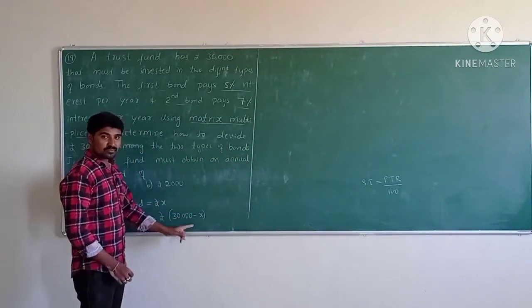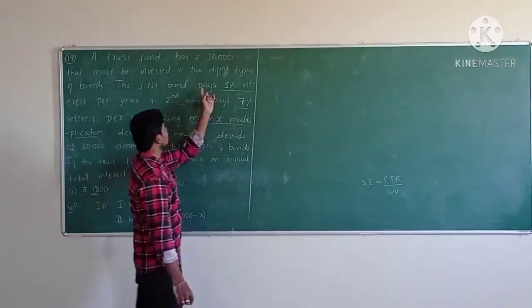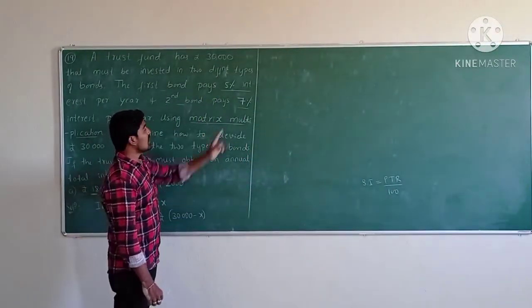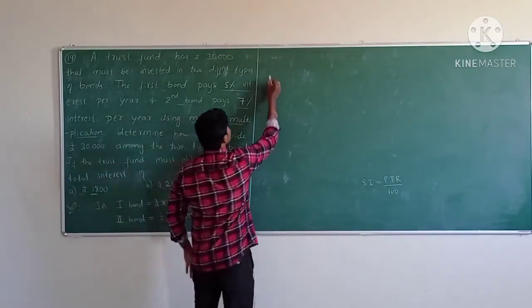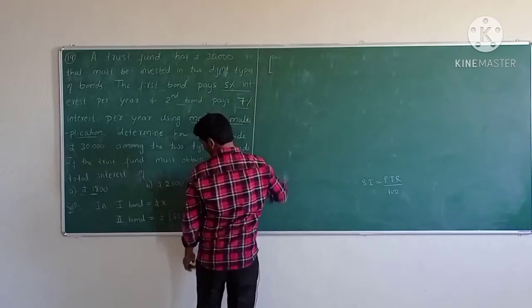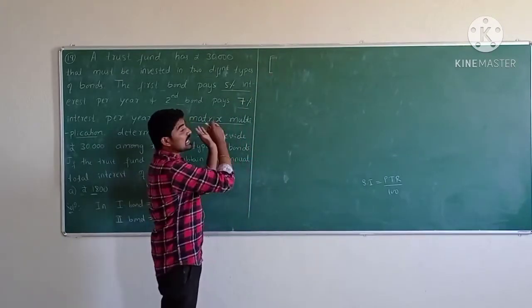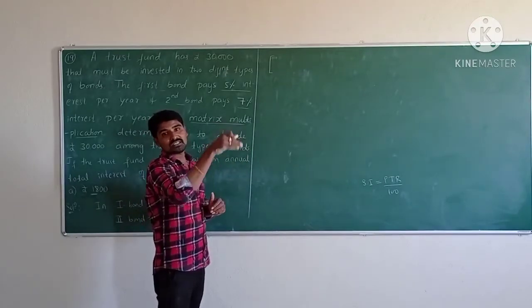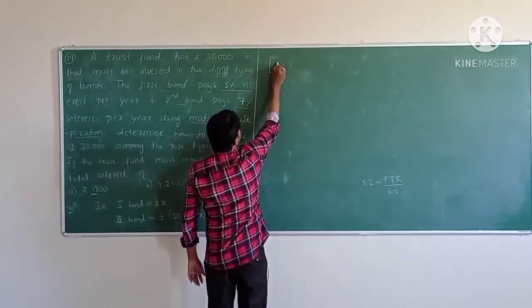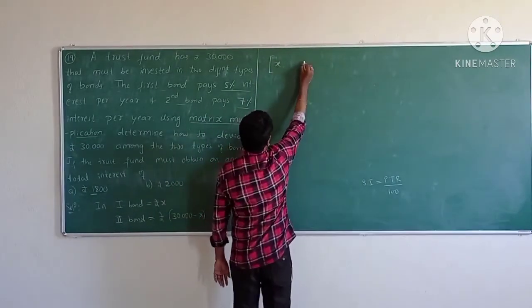The rate of interest is 5% per year for the first and 7% per year for the second. Therefore, the principal values can be taken in the row matrix because matrix multiplication is row versus column. So first is x rupees and second is 30,000 minus x rupees.